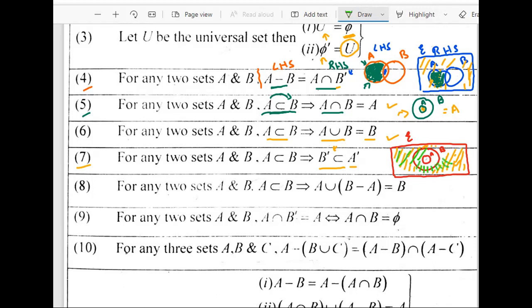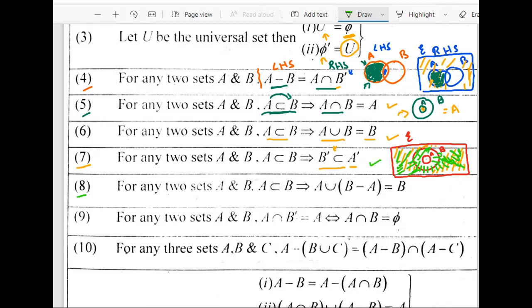Do you see that A complement has a bigger region and B complement has a smaller region, and all the region of B complement is coming inside the region of A complement, right? Yes, ma'am. Okay, this is clear.